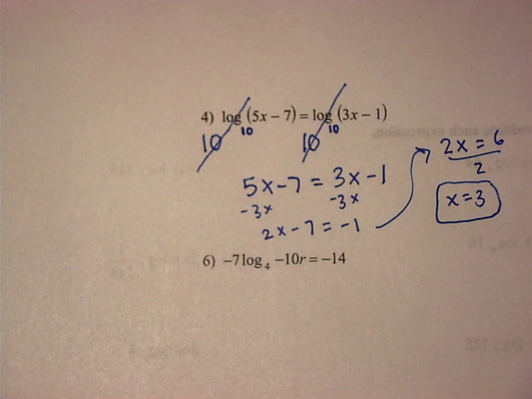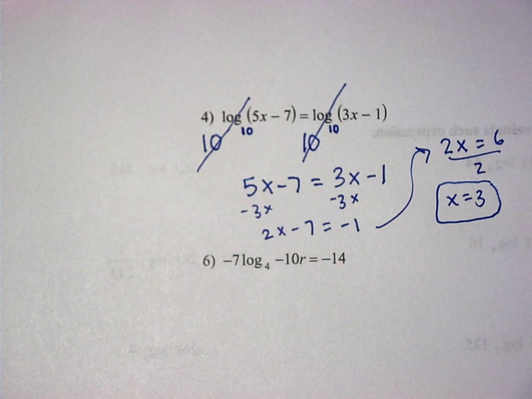Get 3. It's pretty easy to get rid of a logarithm when it's the same thing on both sides.